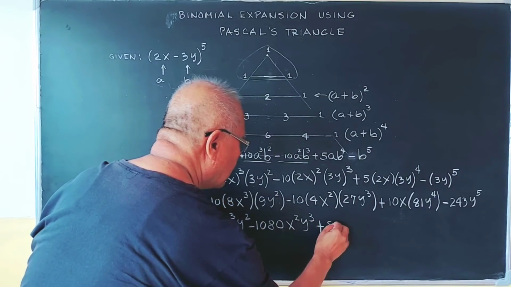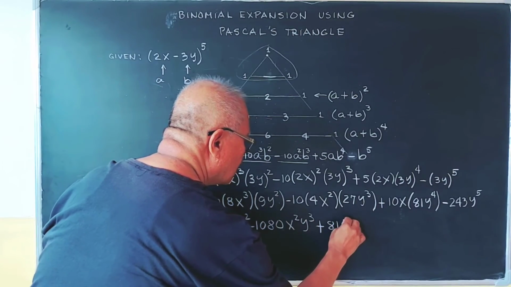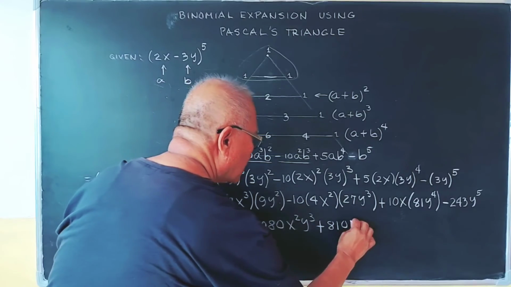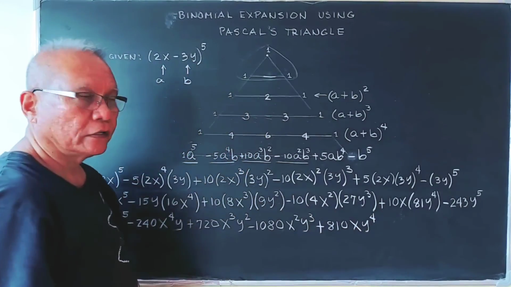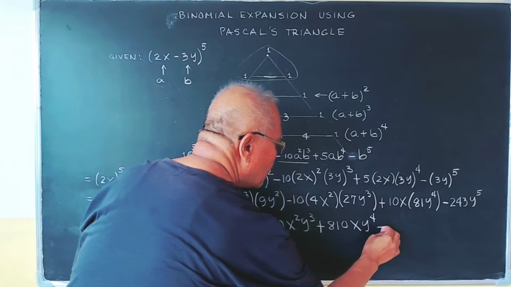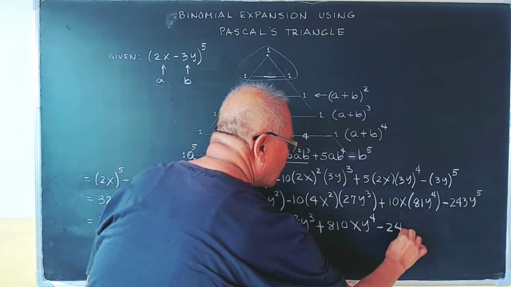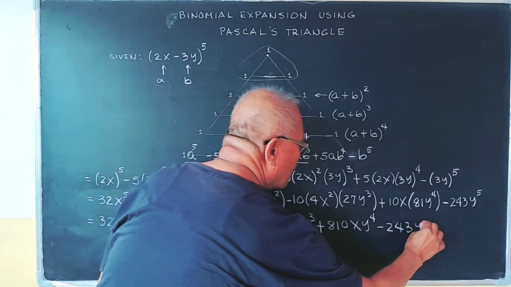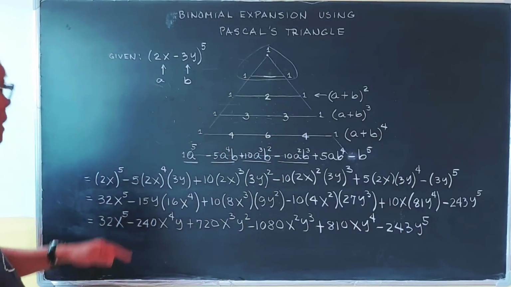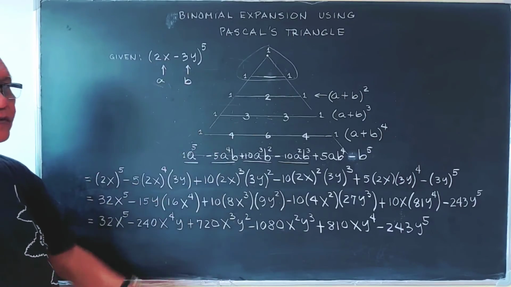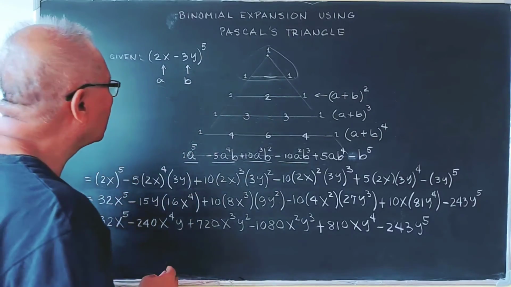So 810, and then we have x y to the 4th. And finally, copy the last one, minus 243 y to the 5th. And that is our answer to expand 2x minus 3y to the 5th power.